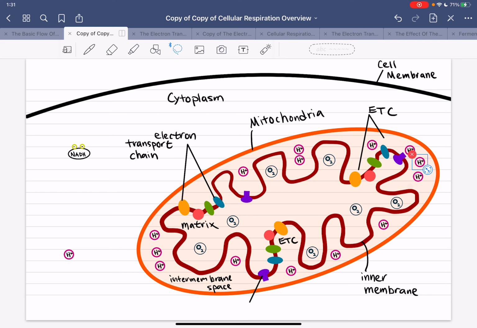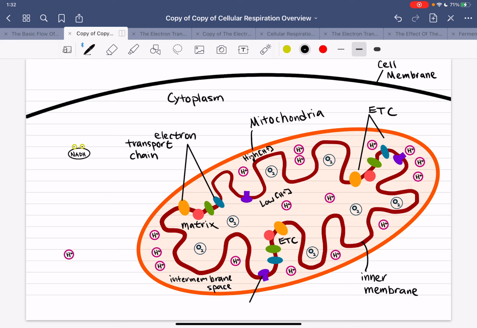Protein complexes 1, 3, and 4 of the ETC, which used the gradual release of energy from falling electrons to do so. So that's enough to get the point across. Let's just show that there's a smaller, lesser amount here. And that's it. We can finish that off by just saying, squeeze it in here. High concentration in this space. Low here.